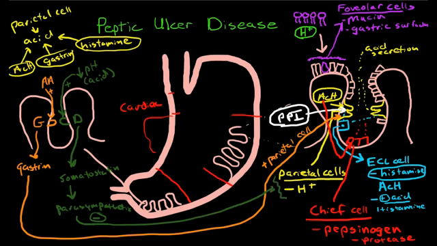So we have here, histamine, gastrin, and the parasympathetic nervous system are all positive, but here we have a negative effect from somatostatin.